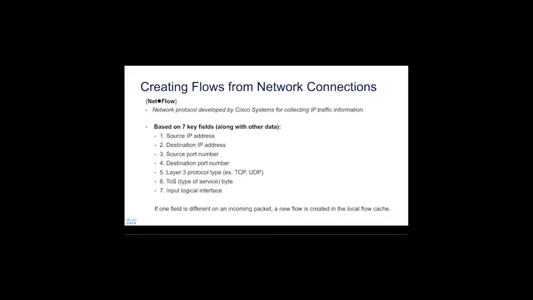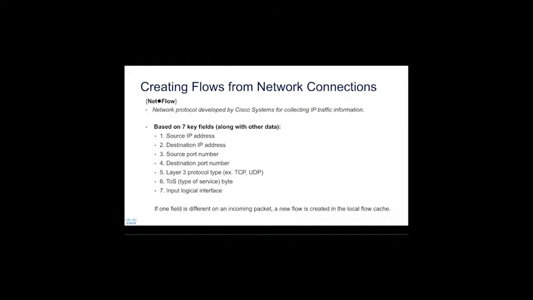Now, like any other database or any other table tracking system, typically there are keys to help us determine uniqueness. This is the same thing that we do with NetFlow. So the router, switch, or firewall looks at the packet that comes in and uses 7 key fields to determine if this is a unique record that needs to be created or part of an existing record. All 7 key fields must match on the new packet that came inbound to anything that we're already tracking.